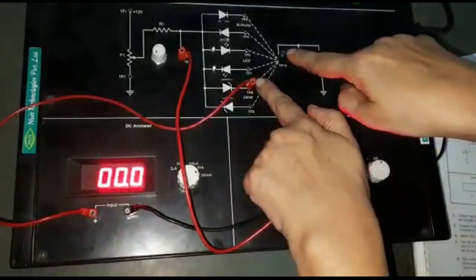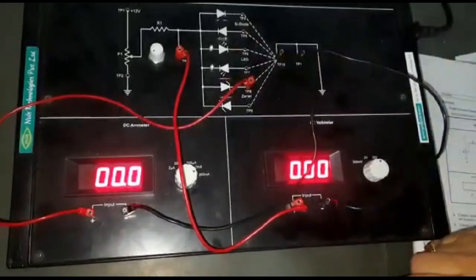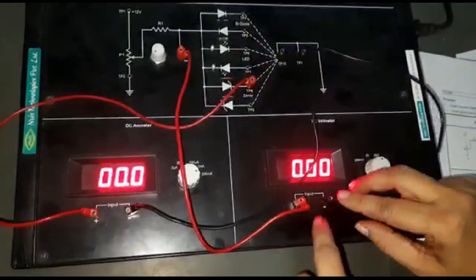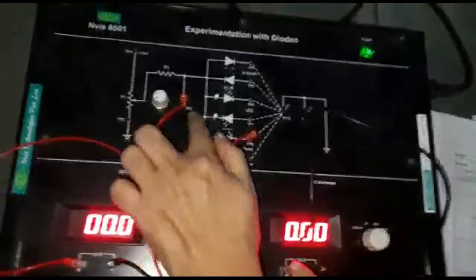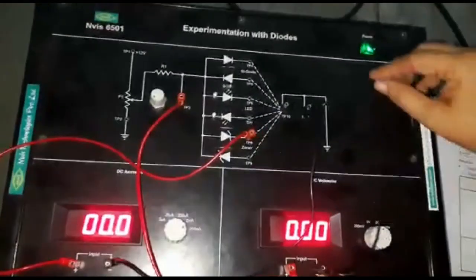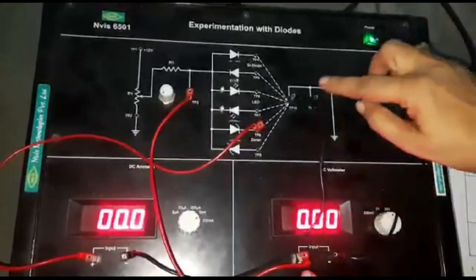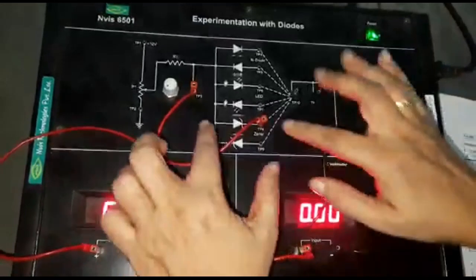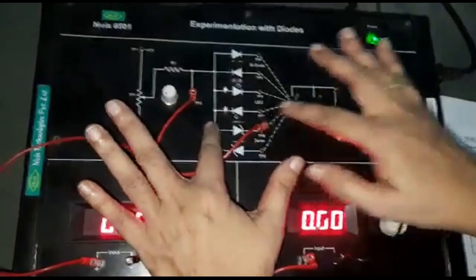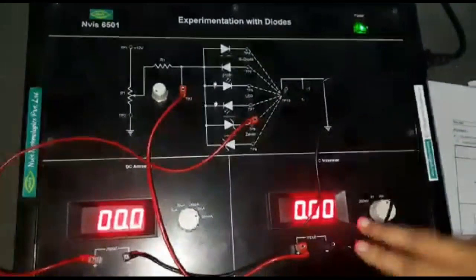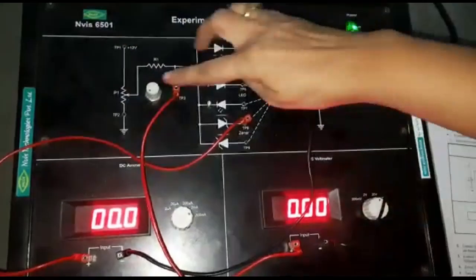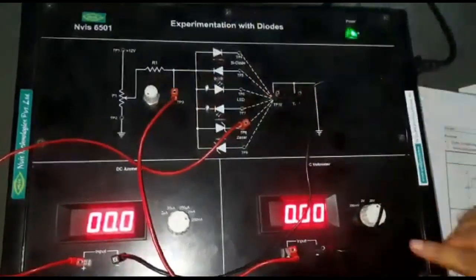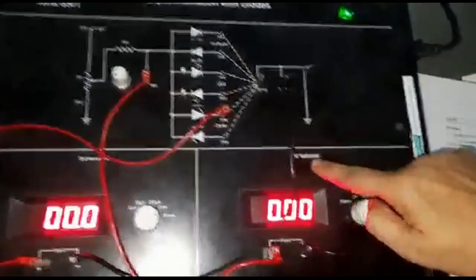It means that this DC ammeter is connected in series with the Zener diode, and this voltmeter's positive terminal is connected to TP3 and negative terminal to TP11. It means that this voltmeter is connected in parallel with the Zener diode, and we rotate this fully anti-clockwise to provide 0 volt across this Zener diode.